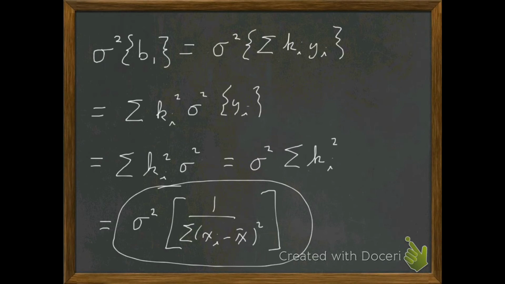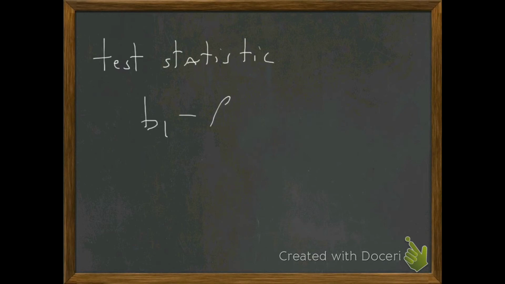All right, guys, let's get into the process of inference. So we'll examine our test statistic, which will be our beta 1 minus our claim beta 0, and that's going to be 0 the way we've set it up here, over our standard error for B1.